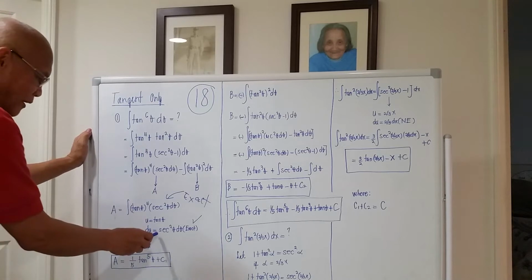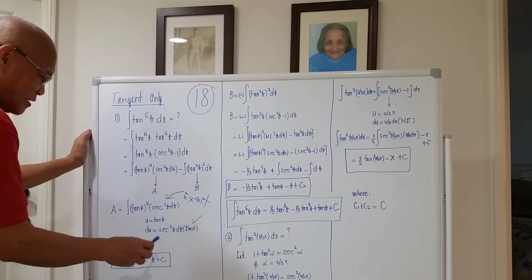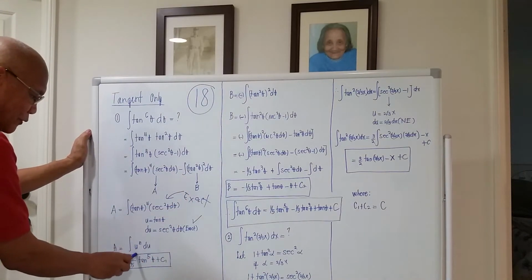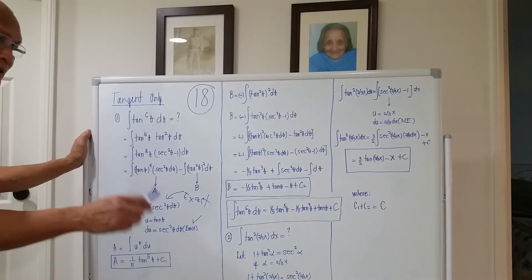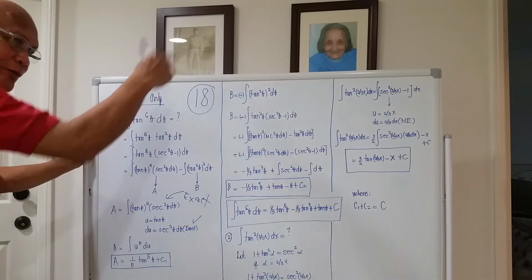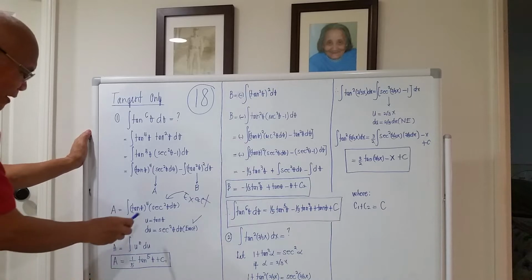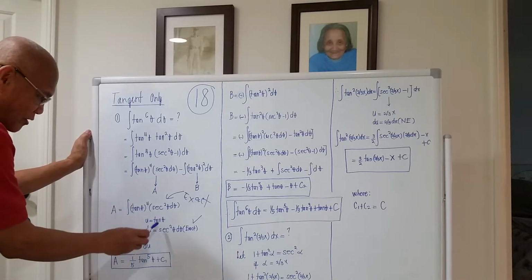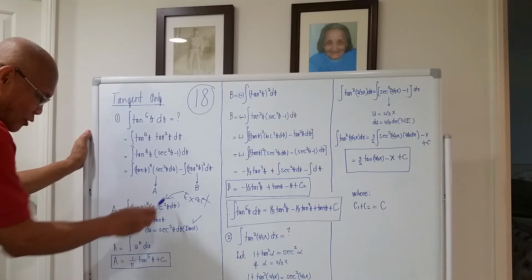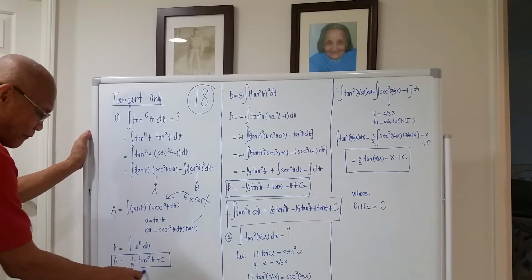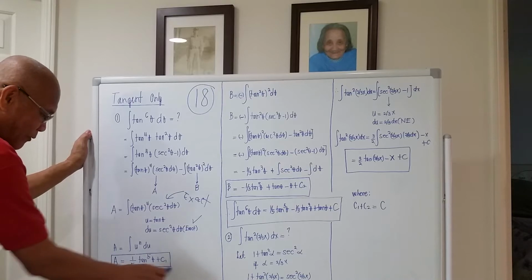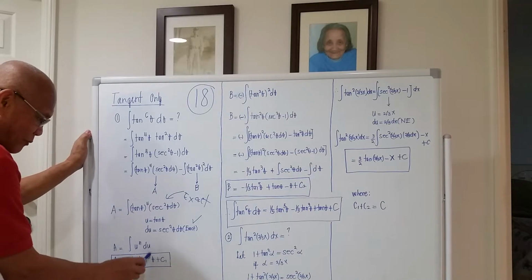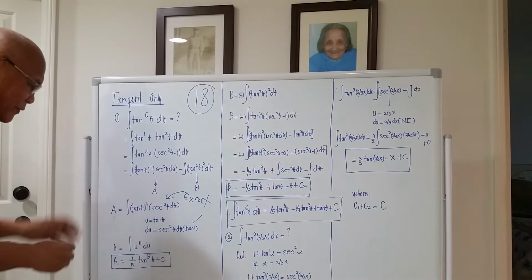So if the value of du is exact, this now falls under the integral of u to the n du, and that is u to the n plus 1 over n plus 1. n is 4, so tangent of theta raised to the 4 plus 1, which is 5, all over 5, or simply 1 over 5 tangent to the 5th of theta plus c1.